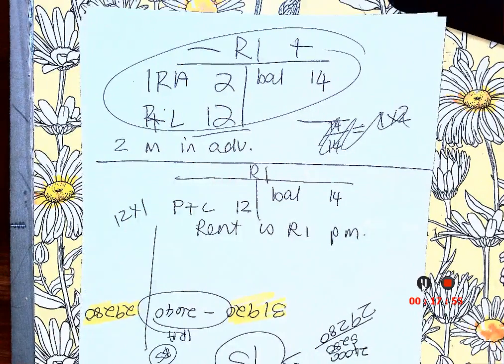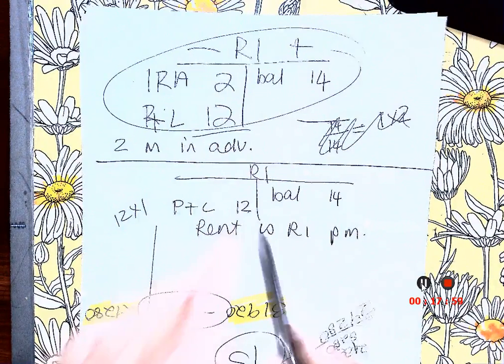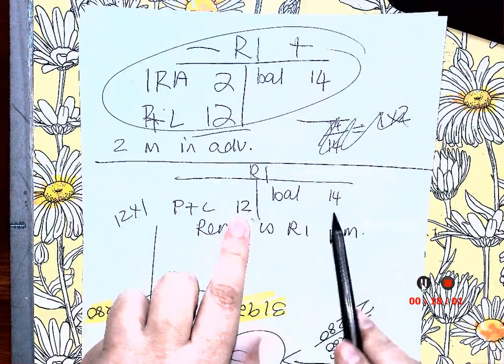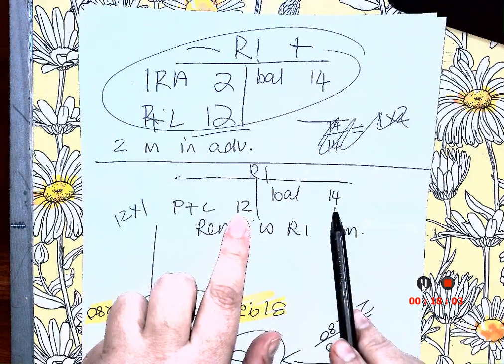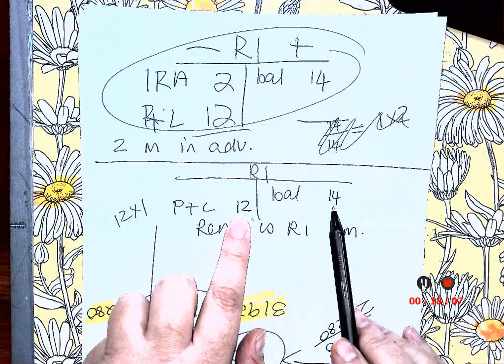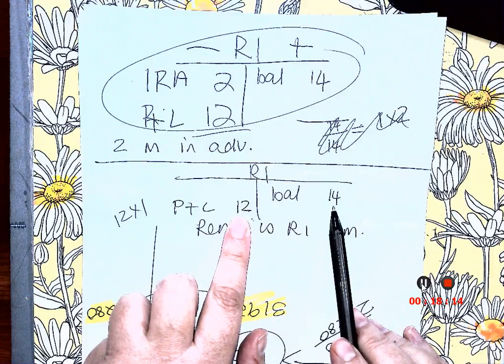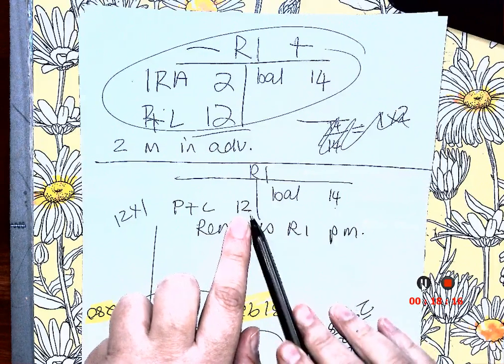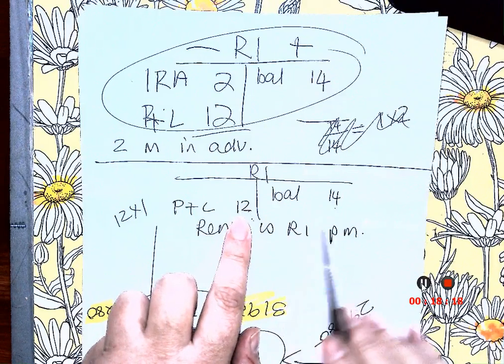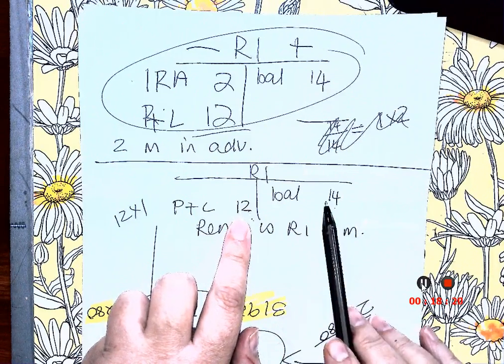Okay? Is everybody with me? So now what do you see? I'm supposed to get 12, but I got 14. What does that tell you in Accountanese? 2 months paid in advance. Okay? Can you see that? Or let's do it in normal English. Oh, he paid me 2 rand too much.